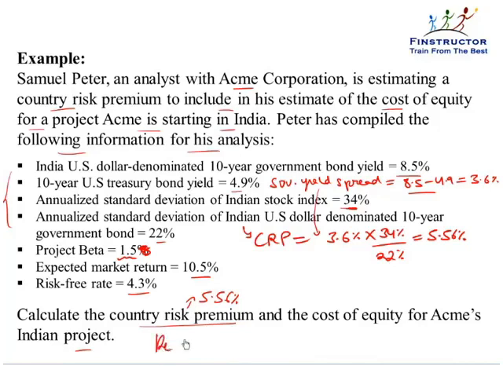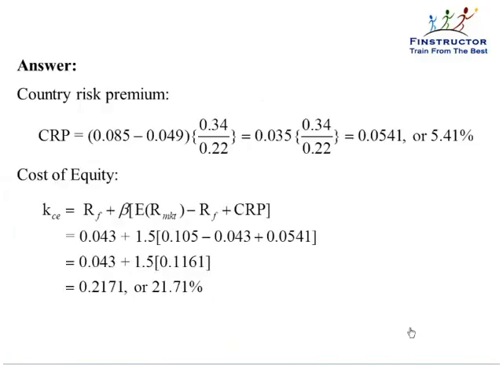Cost of equity will be the risk-free rate plus the beta into the expected return on the market minus the risk-free rate, plus the country risk premium. So again, please use your calculators and calculate the answer. Verify that it will be equal to 21.71% approximately.